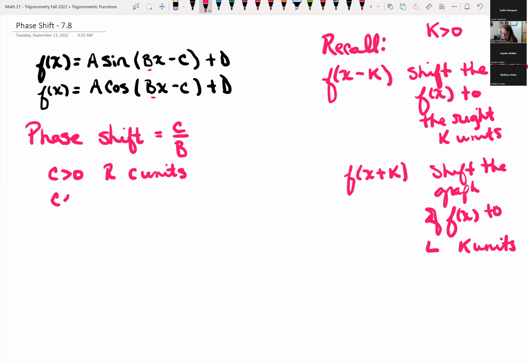And if C is less than 0, we're going to move that A sine of Bx, or cosine of Bx, to the left C units.